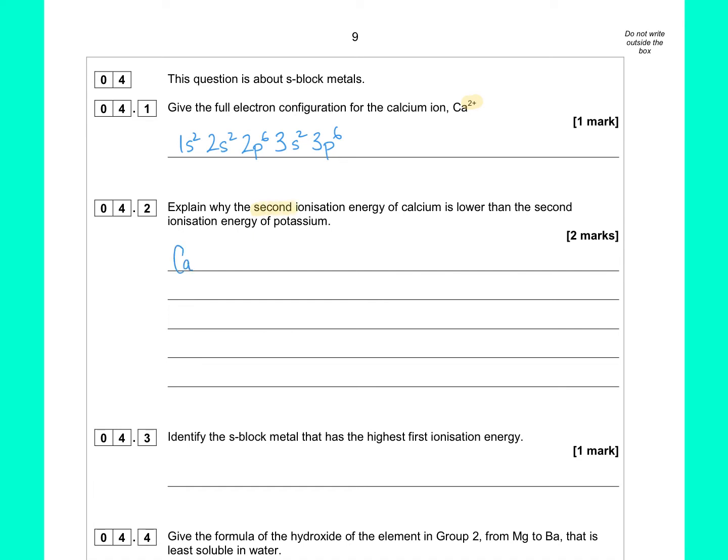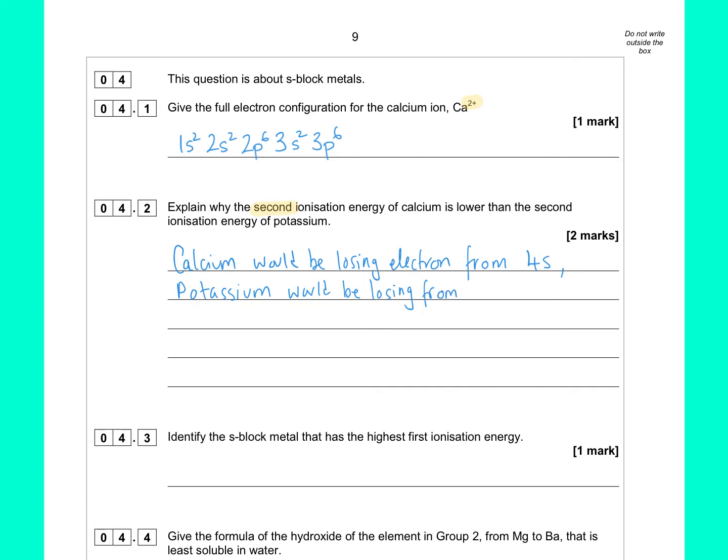So then we're asked to explain why the second ionisation energy of calcium is lower than the second ionisation energy of potassium. So if we're considering second ionisation energy, this is the energy to lose the second electron, not the first electron. So the easiest way to compare them is to say what it would be losing the electron from. So calcium would be losing its electron from the 4s, whereas potassium, which would normally be 3p6 4s1, if it's already lost 1, it would be 3p6.